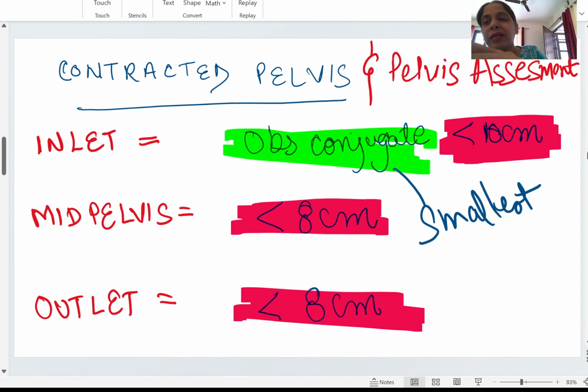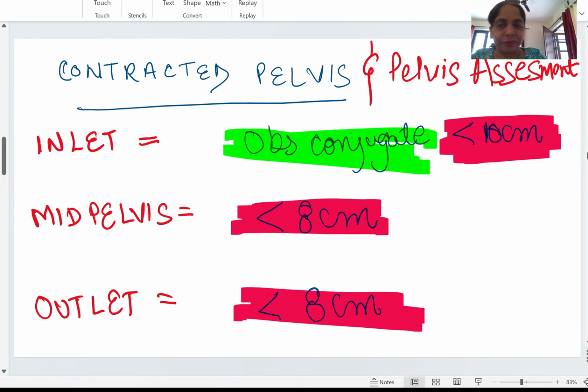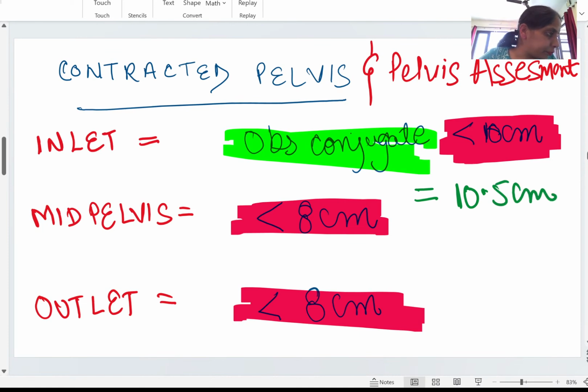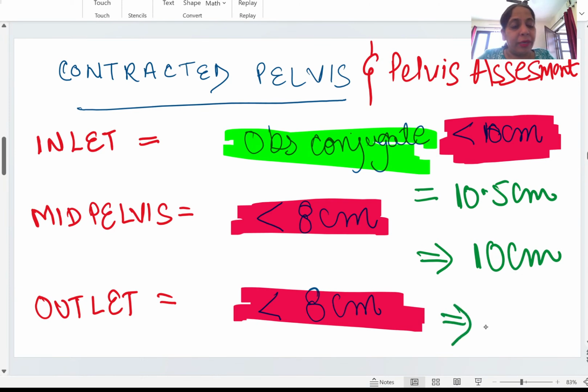Can you tell me what the normal diameters are? Normal obstetric conjugate is 10.5 centimeters. Normal interspinous diameter is 10 centimeters and normal outlet is 11 centimeters.